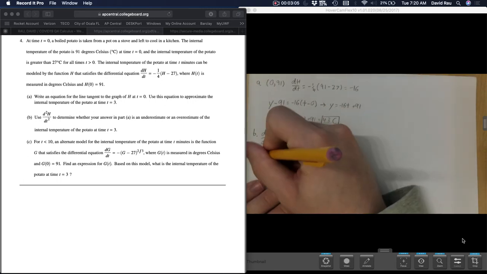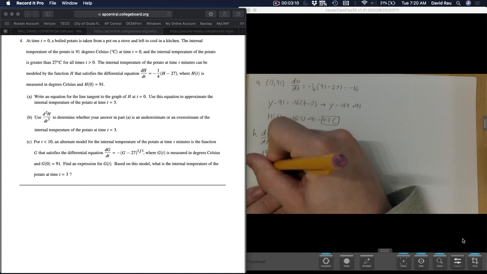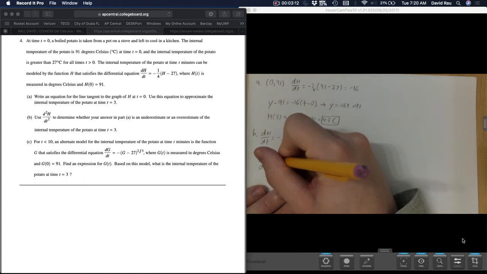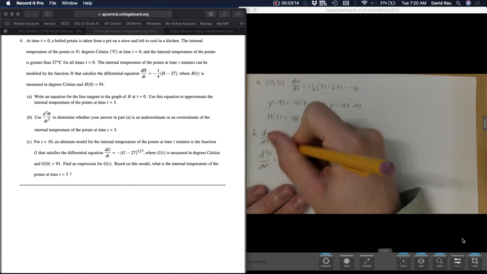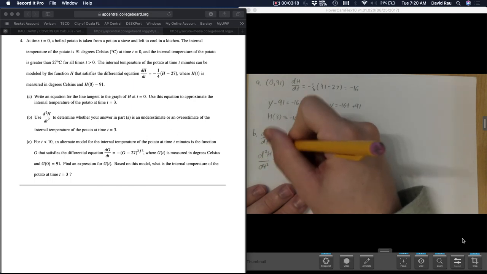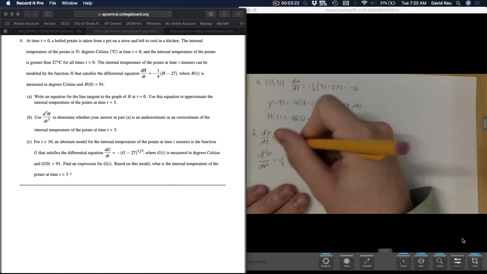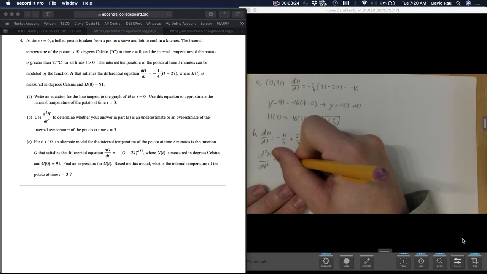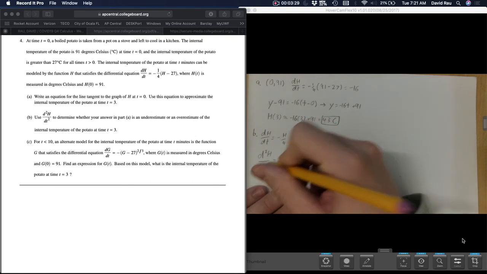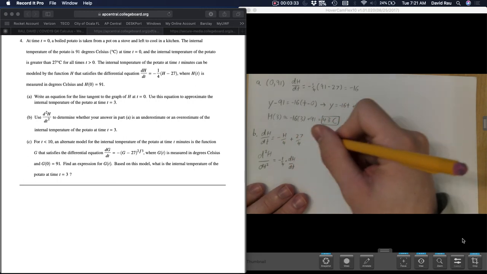So when we find the second derivative, when we derive with respect to time, that's key, a second time, well, when we derive h with respect to t, we're just going to get that negative 1/4. Now the power of h is reduced, so it's h to the 0, but don't forget that we also have to have a dh/dt because we were deriving with respect to time a second time. And then this plus 27 over 4 just derives to 0.